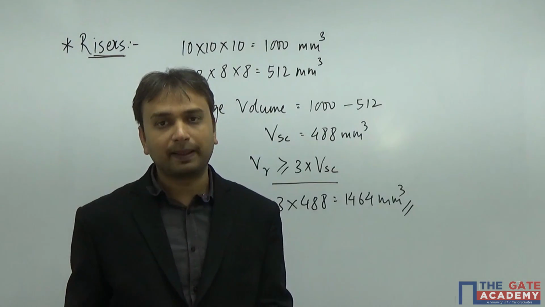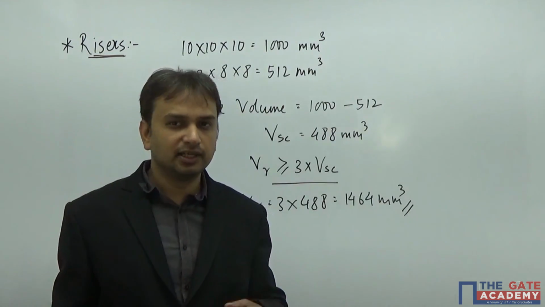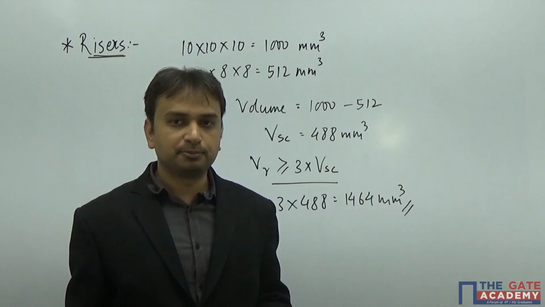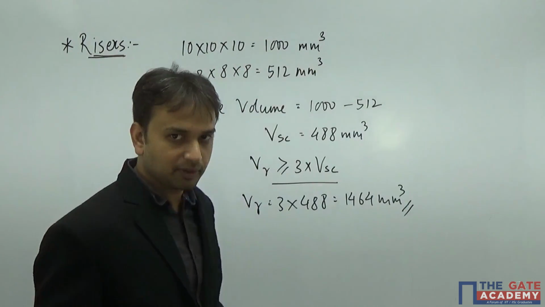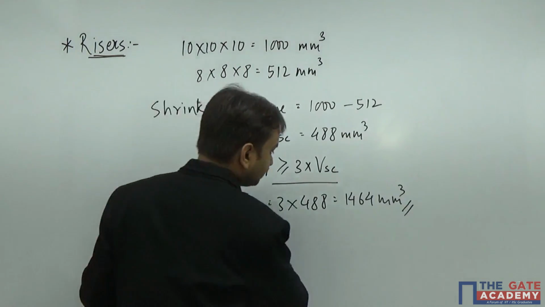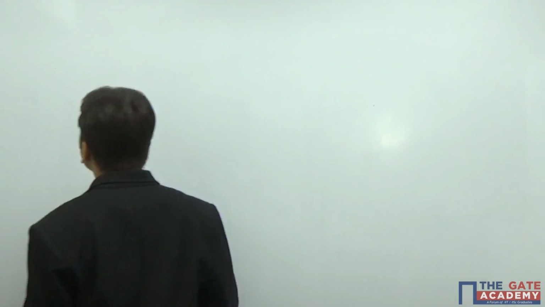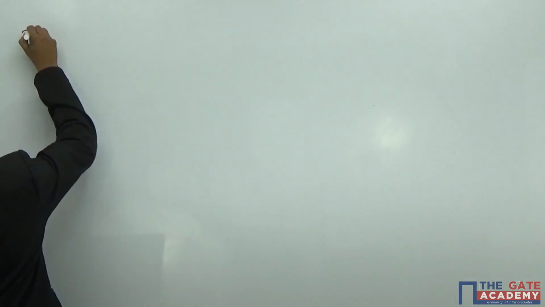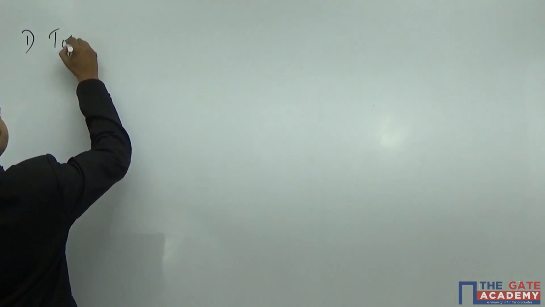The first design you saw was the spherical riser, which did not work out, and now we are approaching towards the cylindrical riser. When you talk about the cylindrical riser, it can be placed in two manners. So what are those? Let us have a look. First one is your top cylindrical riser.